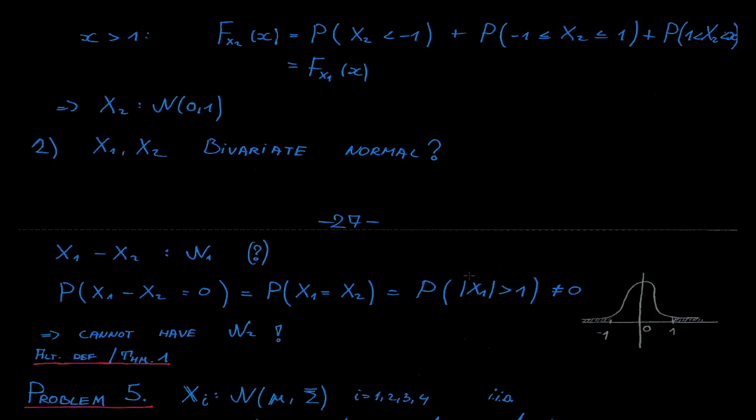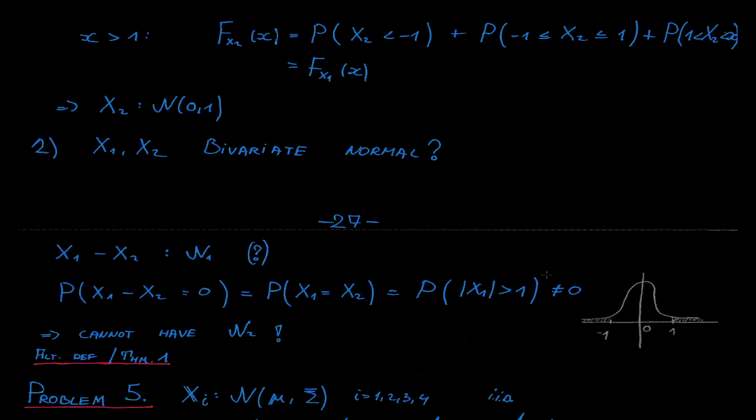And this probability, because x1 is a standard normal distribution, so the probability that the absolute value of x1 takes values larger than 1 is the area to the right of 1 and to the left of minus 1. And obviously, it is different than 0.